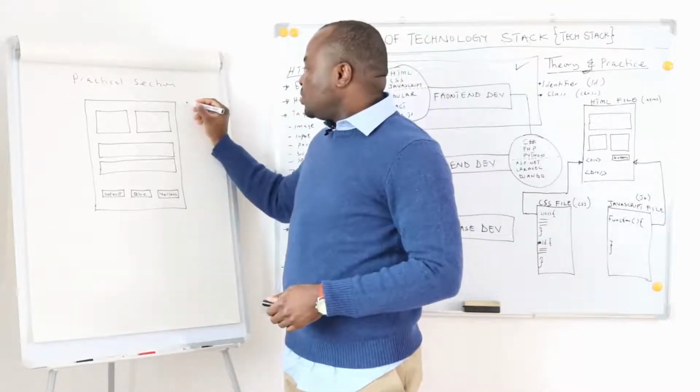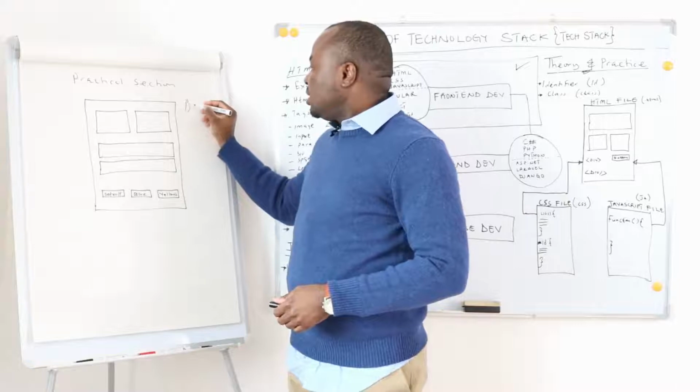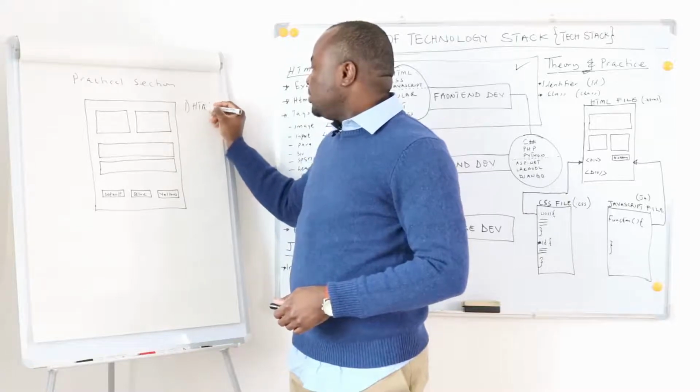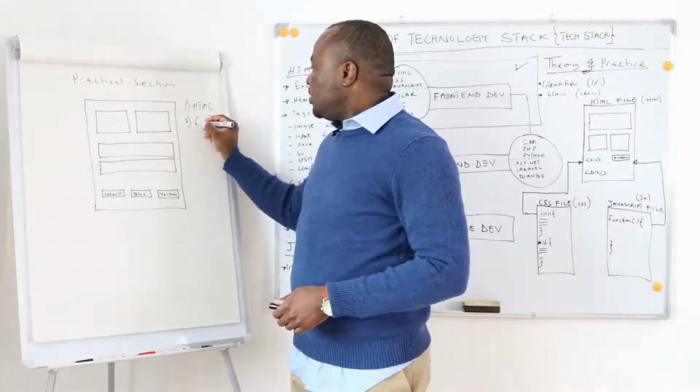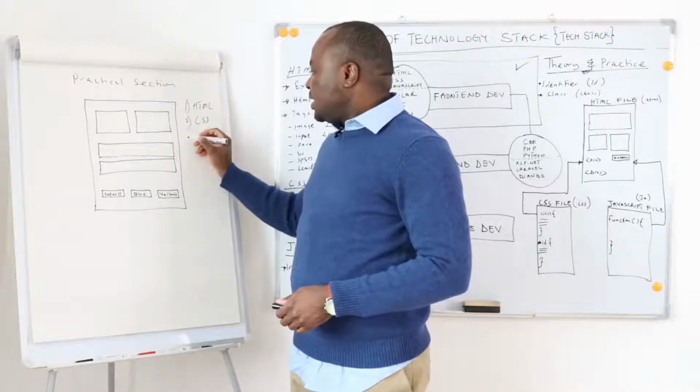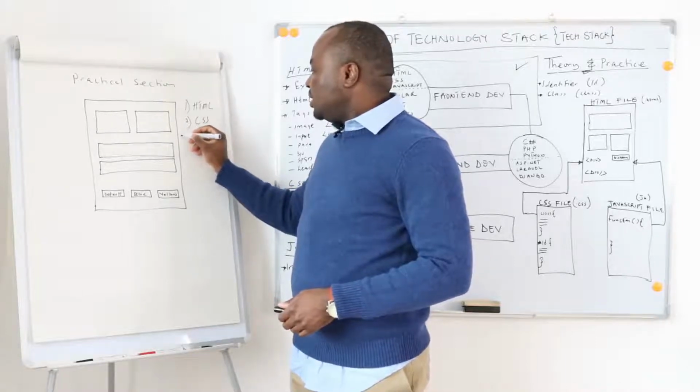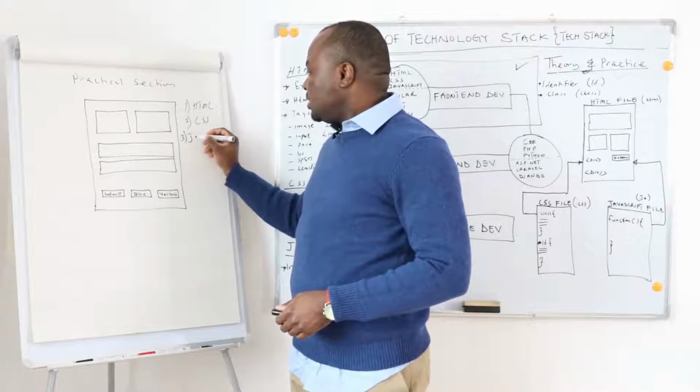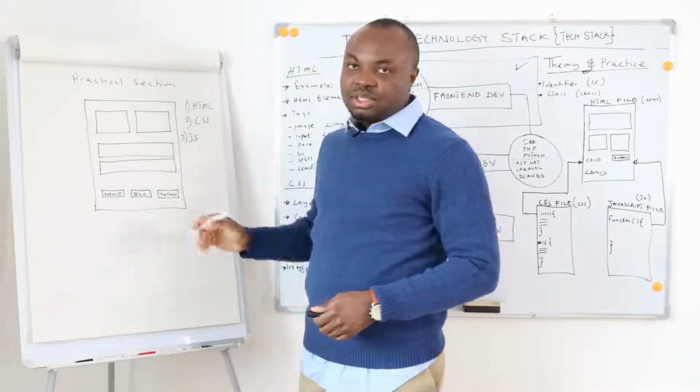So for the practical section, we have one, the HTML page. Two, the CSS, we explain CSS more later on. Then three, the JavaScript side, the JS part of this project.